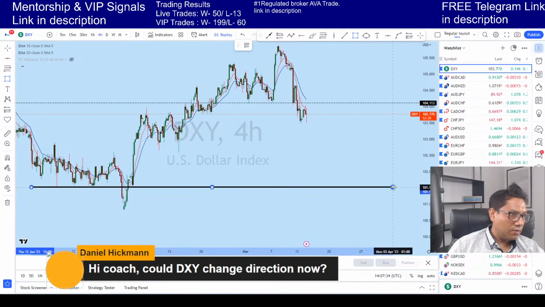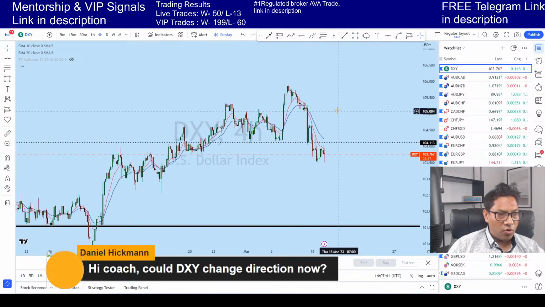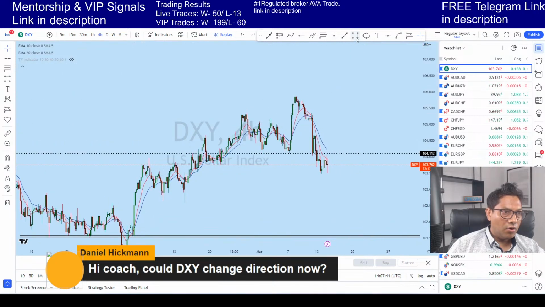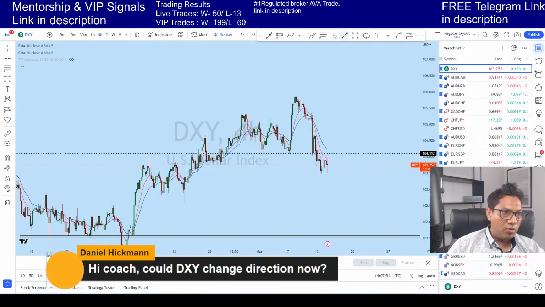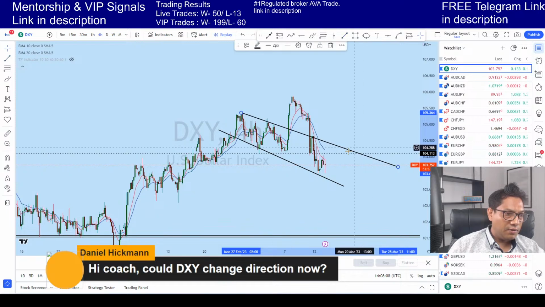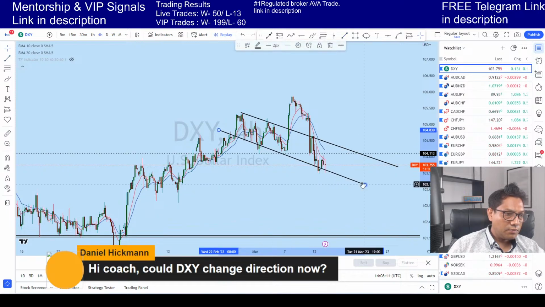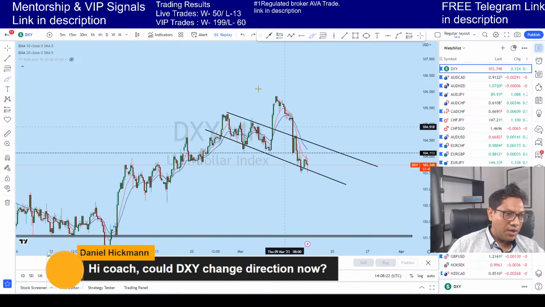Okay, this is what I think. The reason is the way it has formed price action. Firstly, you can see on DXY, this box here is a pure liquidity gap, in fact a big liquidity gap, and with that liquidity gap, the price is still continuing in this channel, and we have seen a breakout from this channel to the upside in this 4-hour time frame, and then it grabbed liquidity and has come back to the channel.